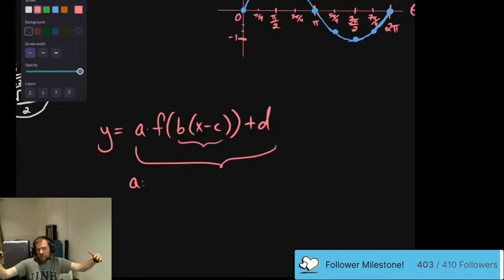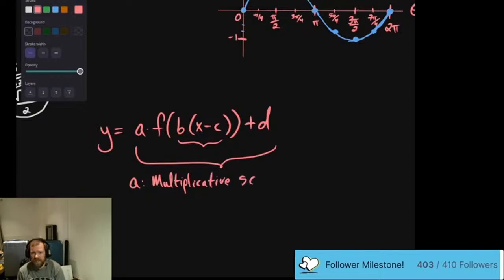If you multiply any of those function values by 2, then their distance to 0 is going to double. So here, this is a multiplicative scale factor. And it's specifically vertical. So I will often call this a vertical stretch factor.